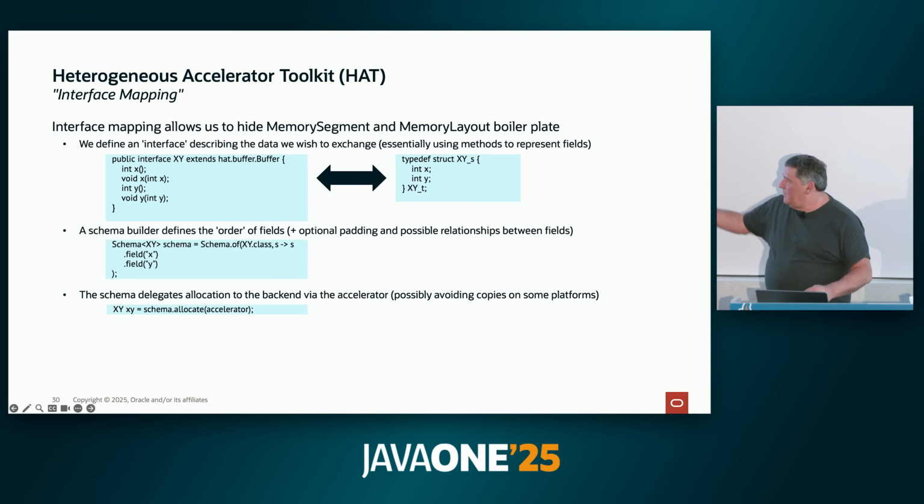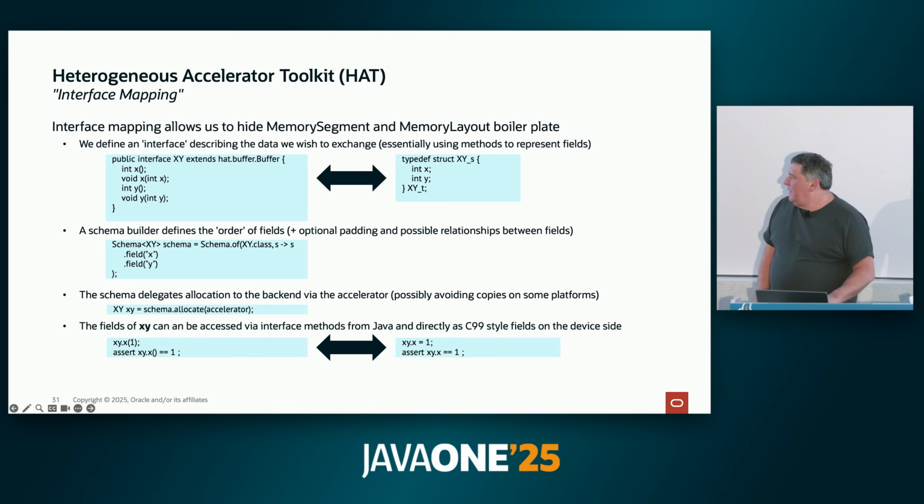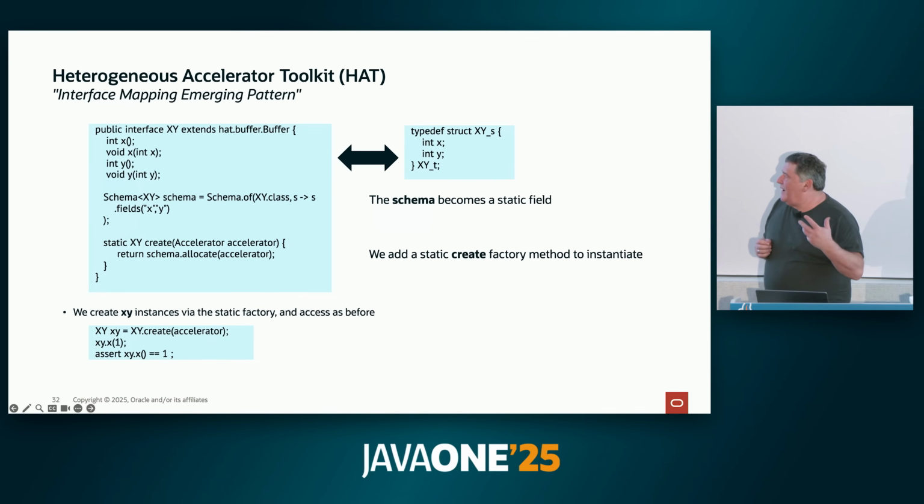And so in order to allocate one of these little point things, we would ask our accelerator, which is our GPU vendor's backend, to allocate it for us. And so again, we now set it, but we're using the calls on the interface to set it, and we're using the calls on it to access it through the interface. So we have a way of expressing a complex structure just by using interfaces, without having to have builder-style patterns.